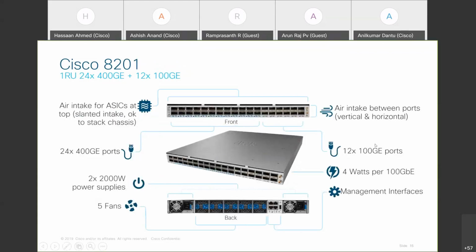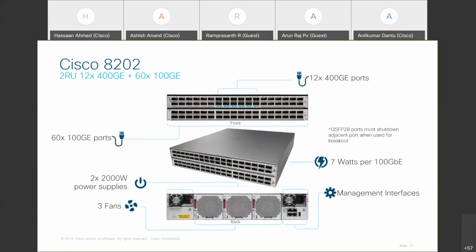So this is the front and the back side of the chassis. You have your dual power supplies and the fans on the back, plus the console and the USB boot and others. This is the diagram for the 8202. It again has 2 power supplies, 3 fan modules on the back, and the ports on the front side.